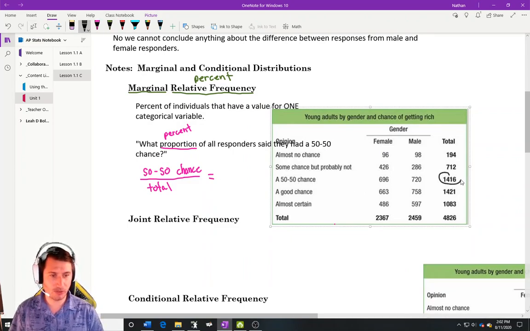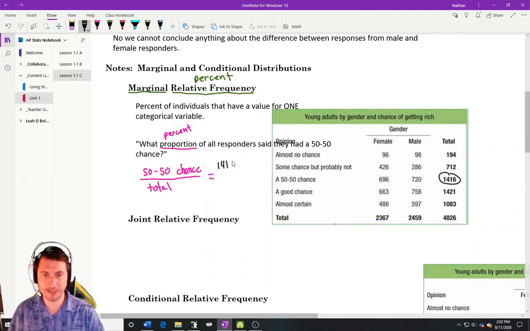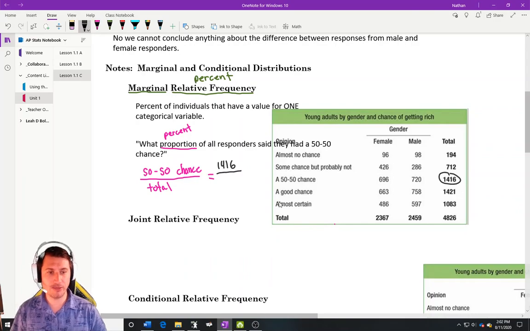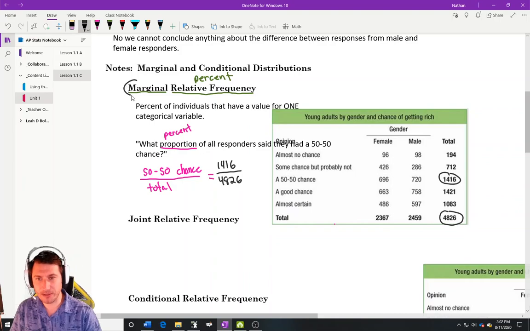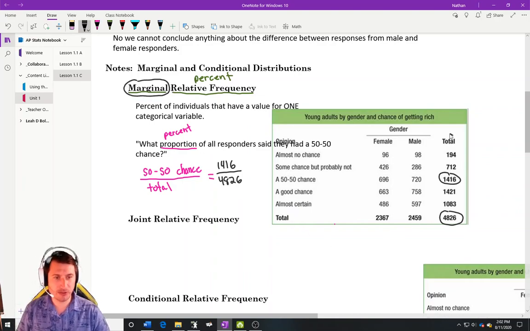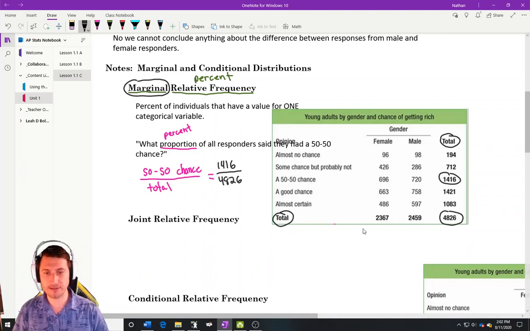We had a total of 1,416. And the total of everybody is down here, 4,826. Hopefully there you can see why this is called a marginal relative frequency.